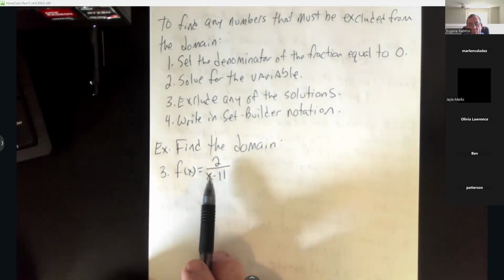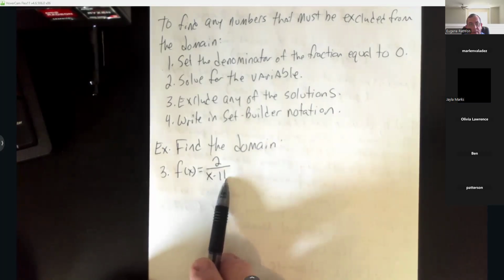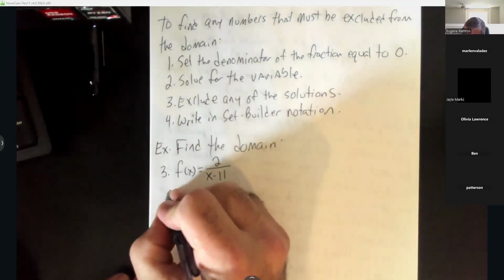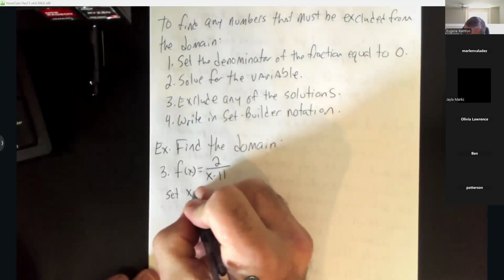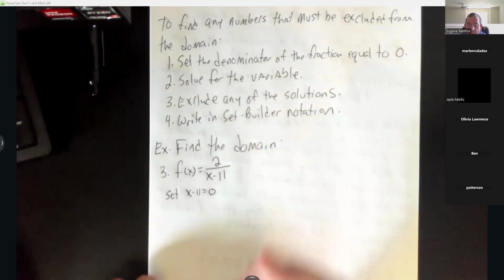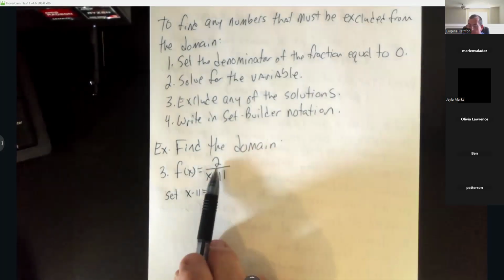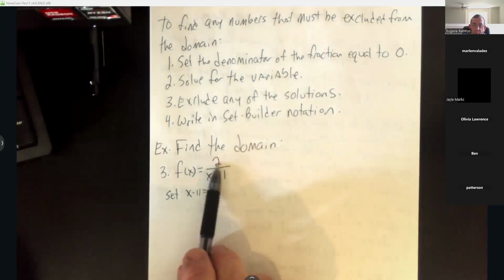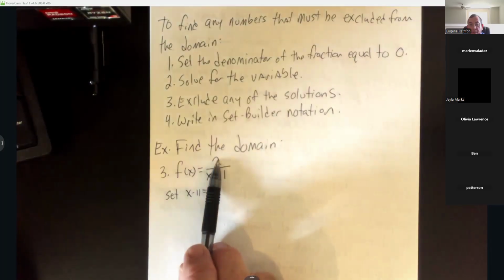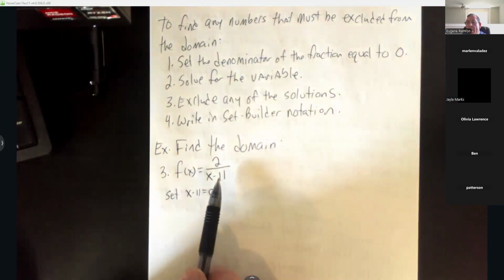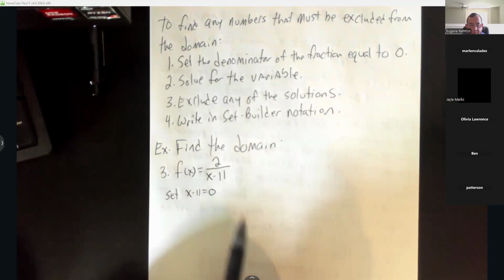So to find it, we're going to set x minus 11 equal to 0. Now y'all remember, we're not concerned about the top of a fraction. The top of a fraction can be 0. It's the bottom that can't be 0, okay?